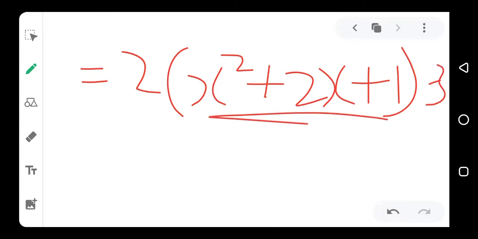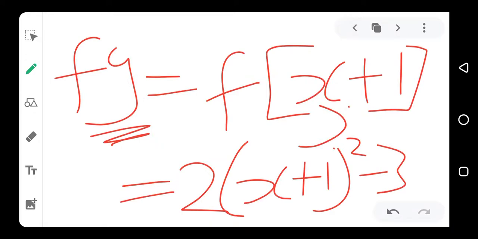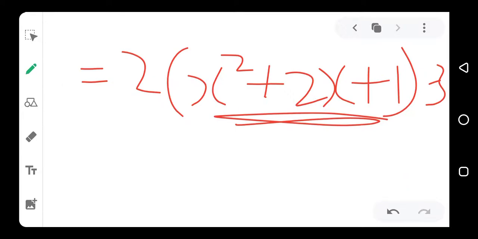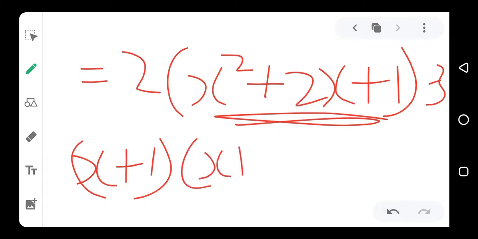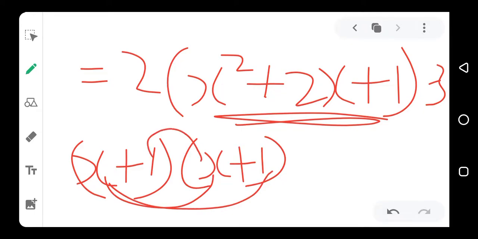Why this? It is because x plus 1 raised to power 2 is equal to, so we use this and times this and use it and times this and use this and times this and use it and times this.